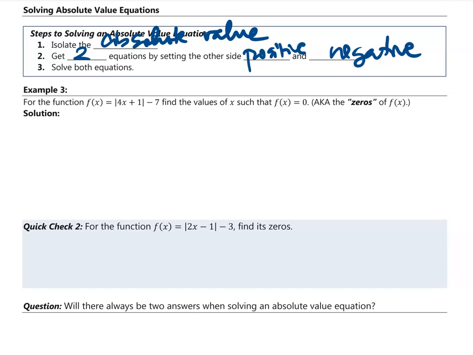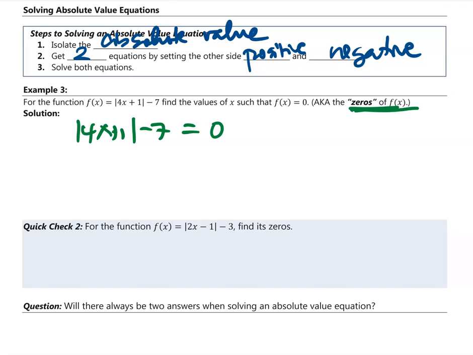Example 3. For the function f of x equal to the absolute value of 4x plus 1, minus 7, find the values of x such that f of x is equal to 0. That is, the zeros of f of x. So isolate the absolute value. f of x is 0, so the absolute value of 4x plus 1, minus 7, equals 0.